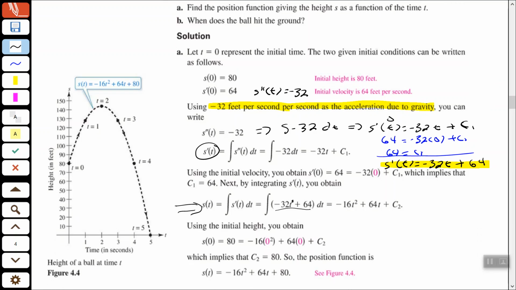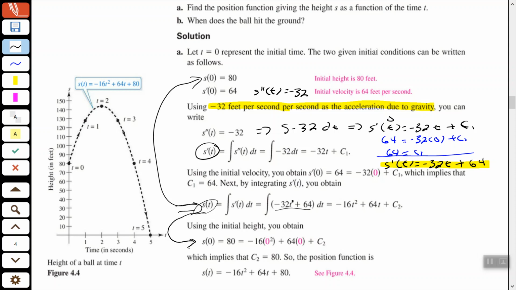Now again, we know something about s of t from our given information. It says when the time is 0, then the position is 80. S of 0 equals 80. So again, we can find this c sub 2 and have a definite number there and continue to work to find our position function.